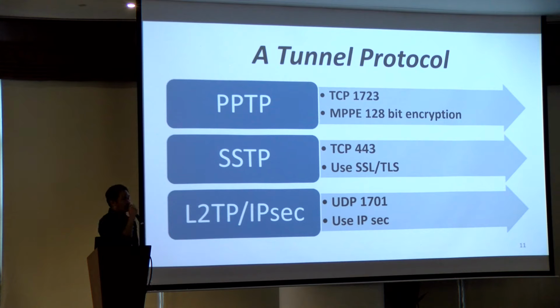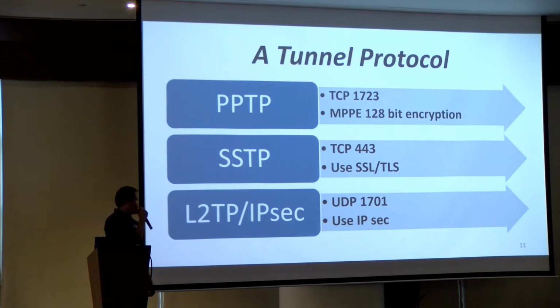If they block this port, we cannot make PPTP across this network. Another is SSTP. This uses TCP 443 and SSL/TLS, which is a more secure way. Because it uses TCP 443, the ISP cannot block this port, because it is the HTTPS port.